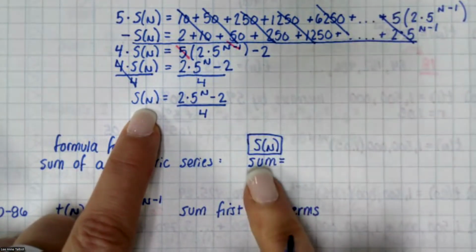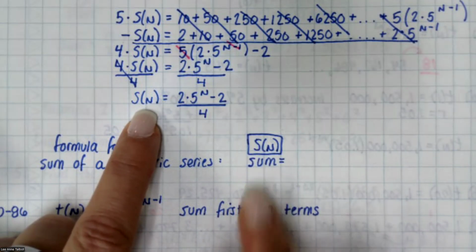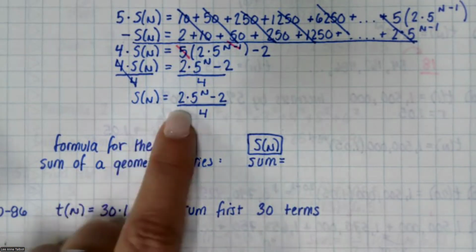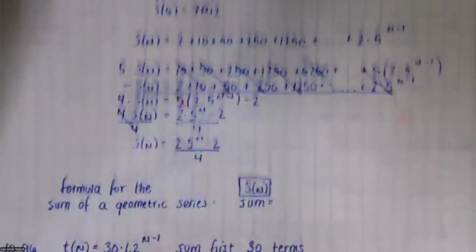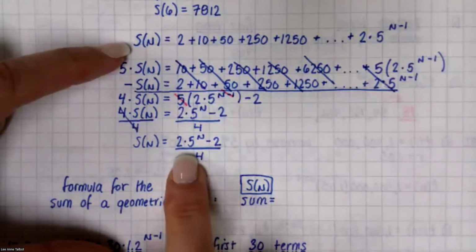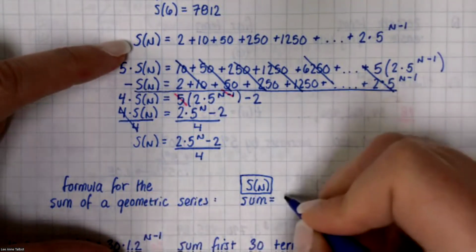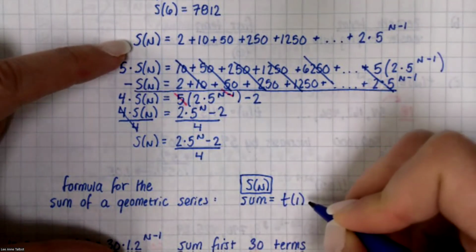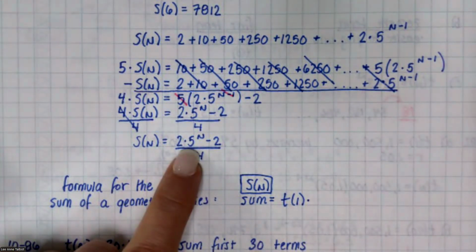Okay. Now, sometimes you're going to write this as S sub n. Sometimes you're going to write this as sum. We already talked about who likes this and who likes this. It's fine. These two things are the same thing. Now here are my questions. In the very original problem, what was the 2? The start, the first term, times. What was the 5?